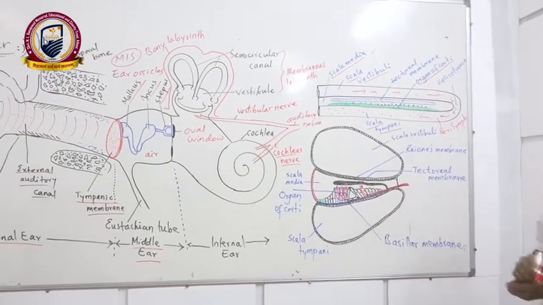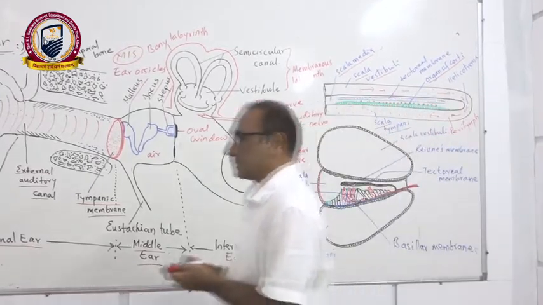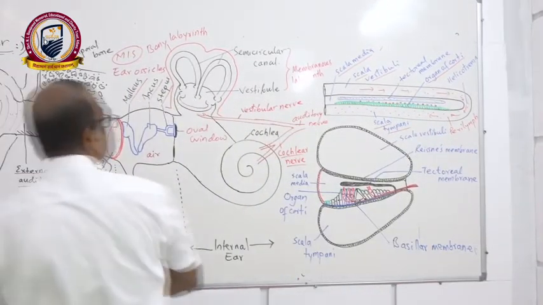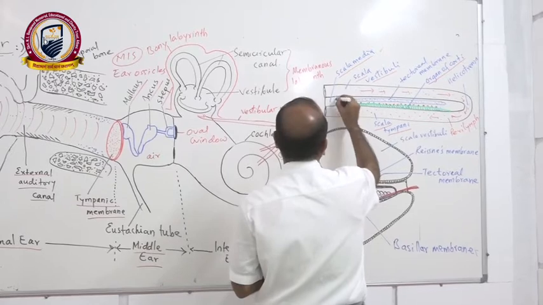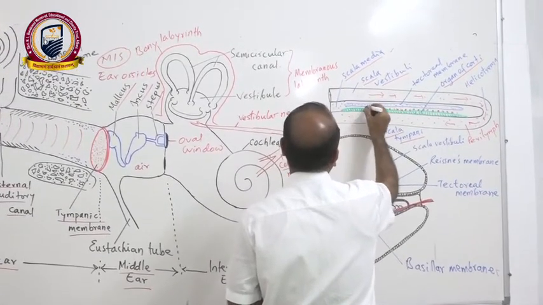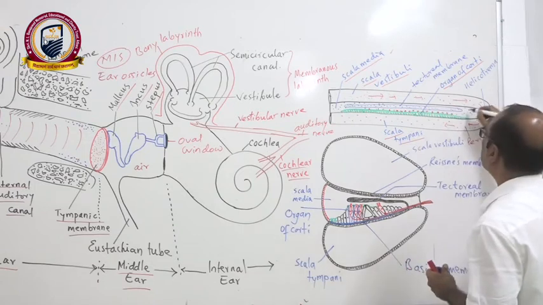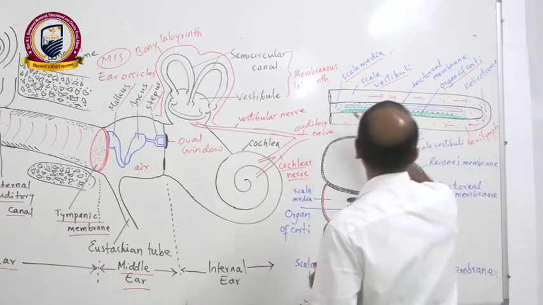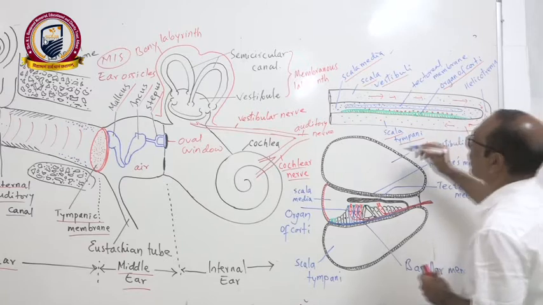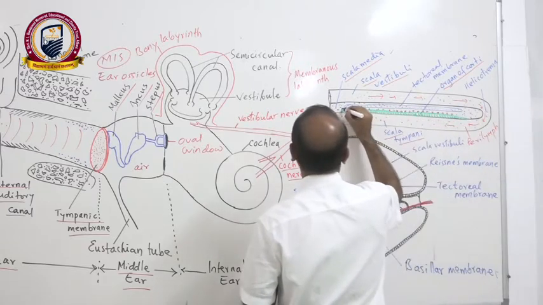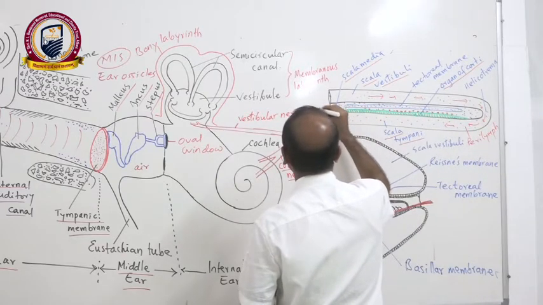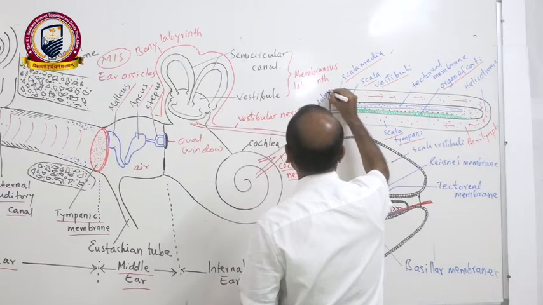Perilymph. And the fluid which is present inside the scala media is known as endolymph. This is what we see here, the fluid, endolymph.